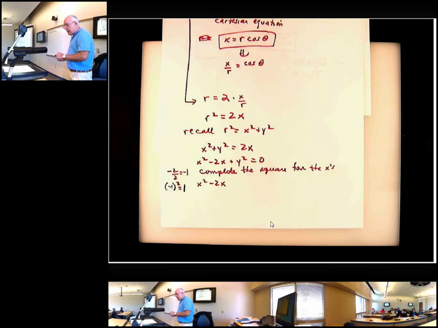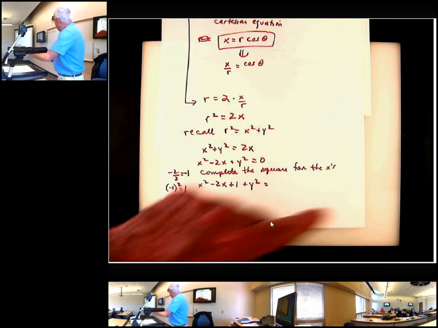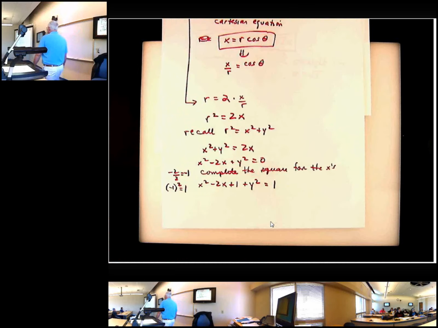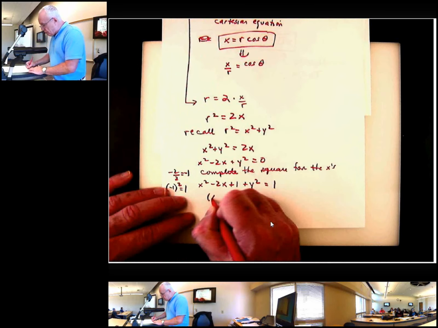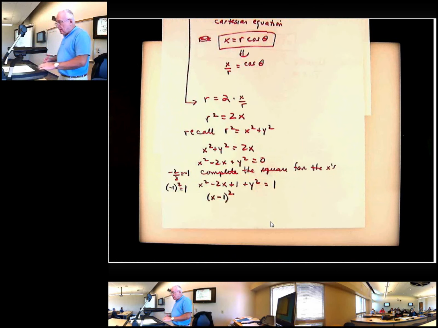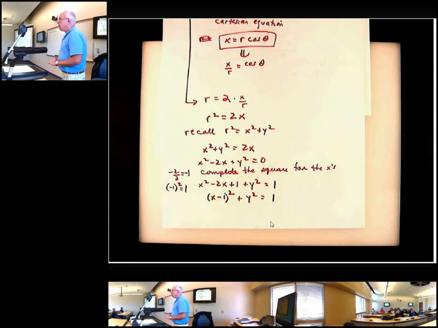That's what I have to add on, so plus 1 plus the y squared. And don't forget, whatever you add to the left side, you have to add to the right side. So now what I have here is a perfect square: x minus 1 squared plus y squared is equal to 1. And that's a circle.